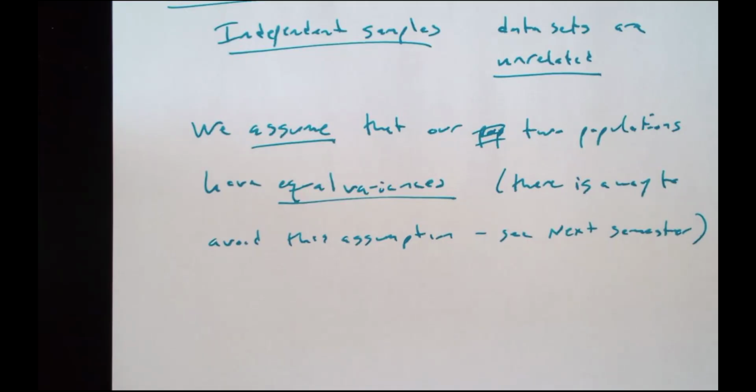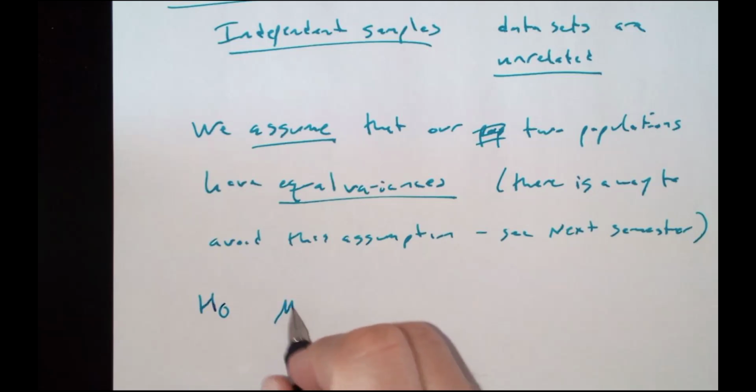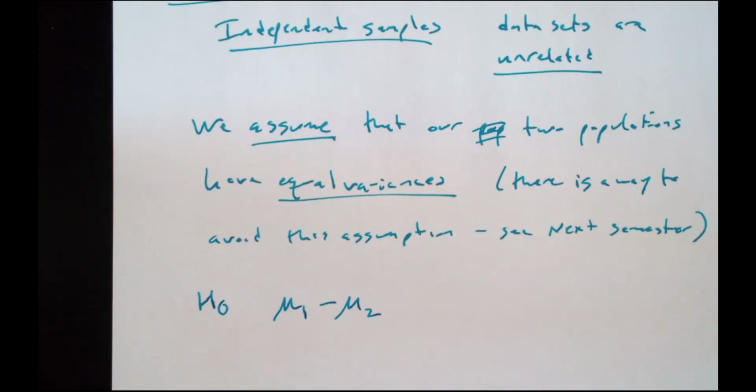So instead of comparing our data to an arbitrary benchmark, our null hypothesis now looks at the difference between those two pieces and asks, is it 0 or is it not 0? Once again, that's a two-tail.